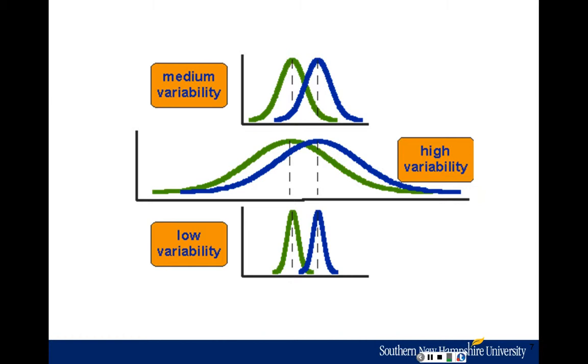So probably in the high variability scenario, if you did a t-test just based on that picture, you would probably get no significant difference. And from a statistical standpoint, that means that these blue and green curves are essentially the same, statistically speaking. You'll see that in some of the articles that we end up looking at.